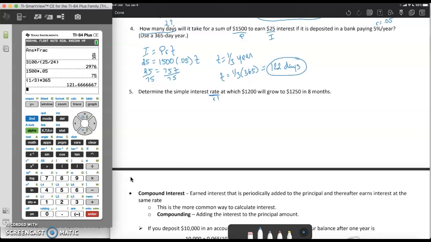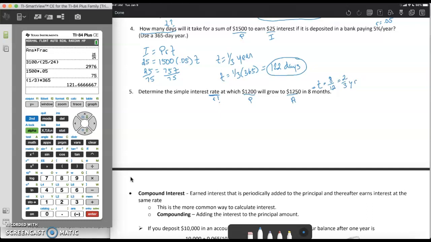So this time we're looking for the R, at which $1,200 will grow to $1,250 in 8 months. So it looks like we have our principal, our accumulated amount, and we have a time. 8 out of 12. Now I'm going to reduce this one correctly. 8 out of 12 reduces to 2/3 of a year.